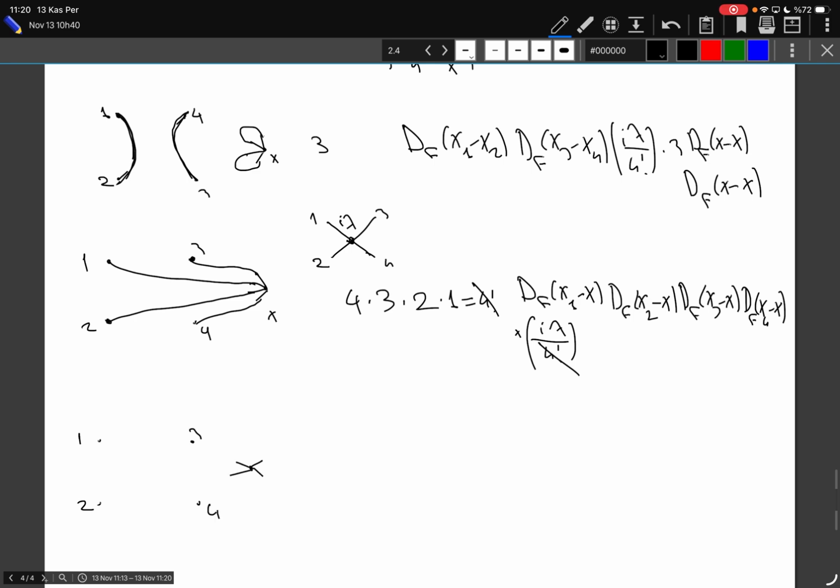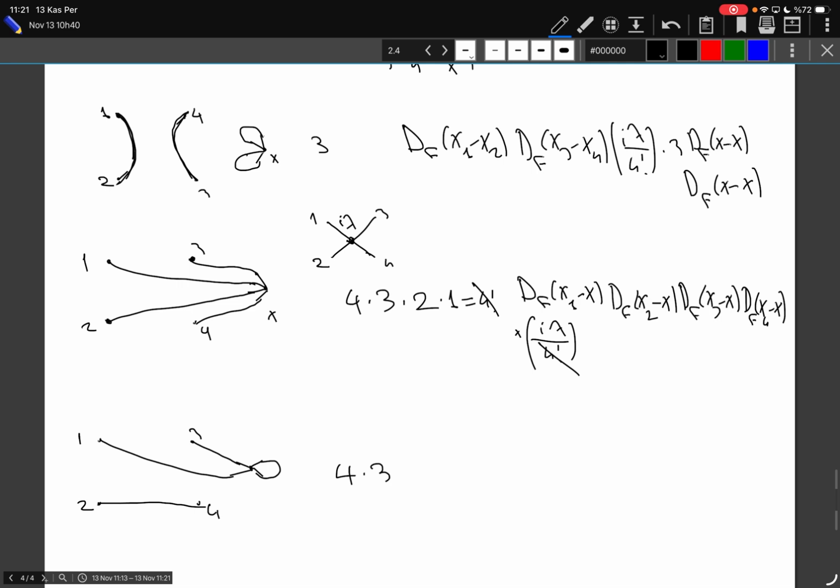I can contract 1 with one of these fields, 3 with one of these fields, 2 with 4, and then I have this loop. You see, when I'm connecting 1 to one of the fields at the point x, I have 4 options. When I'm connecting 3 to one of those points at x, I have 3 options. And there's no option left for the other 2.